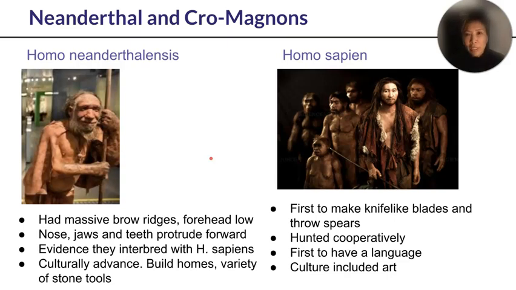And unfortunately, Homo sapiens are also believed to be responsible for the extinction of many of the larger mammals, such as the giant sloth, mammoth, saber-toothed tigers, and giant ox, because we started hunting, not individually, but collectively.